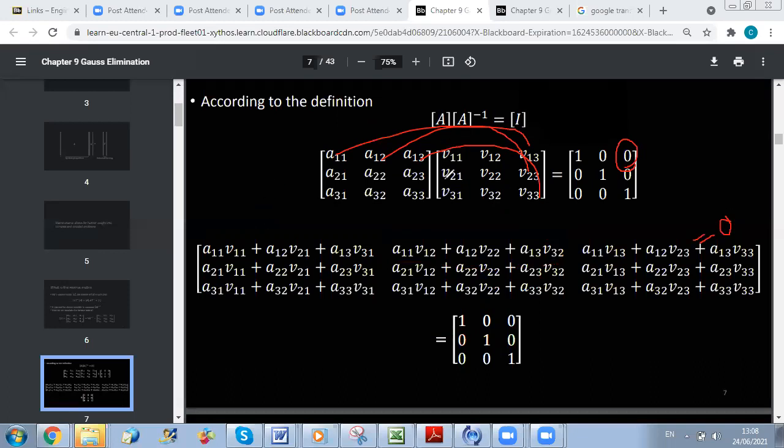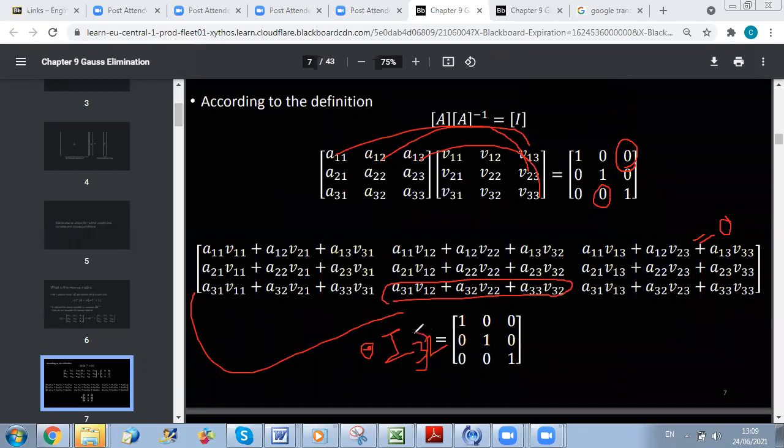I will repeat the same procedure, so let us take any arbitrary term now. How to get this term? It's in the third row, second column, so it should be equal to the element 32 of the identity matrix, which is 0. I can compute it by multiplying the third row of the first matrix by the second column of the second one.